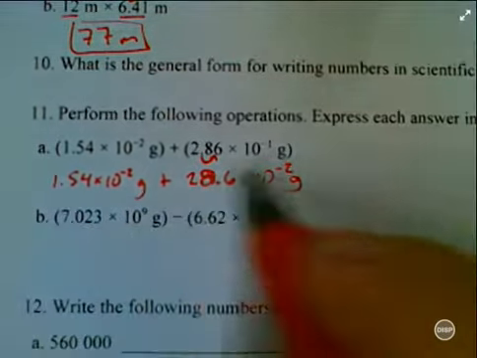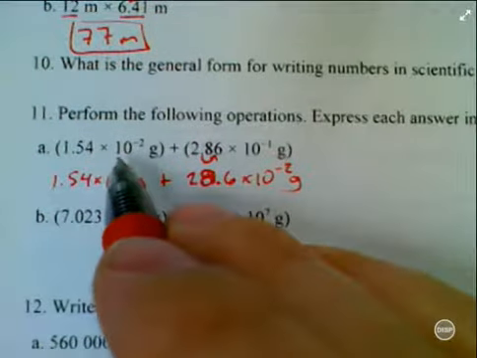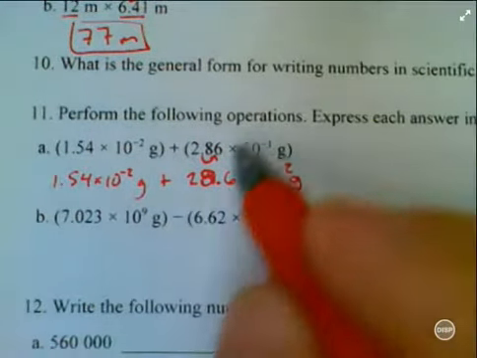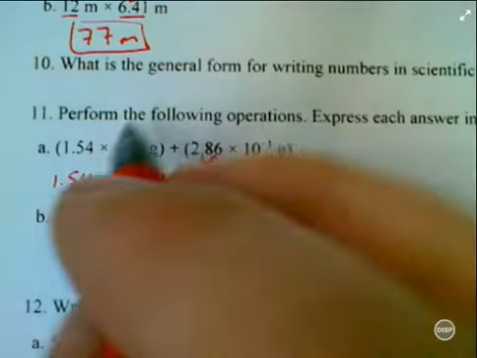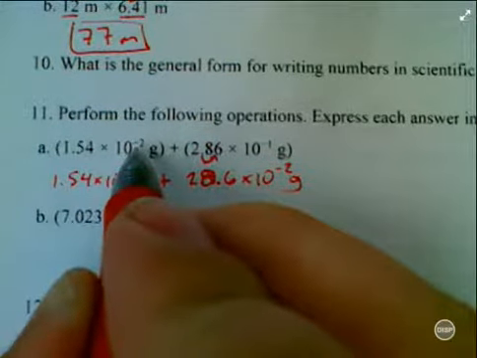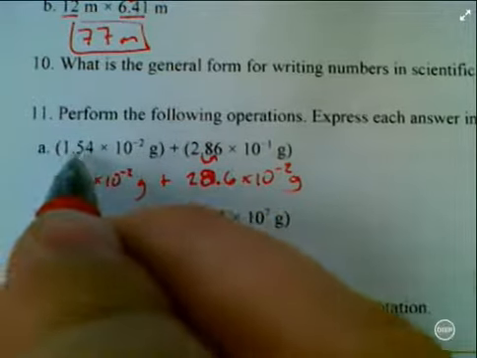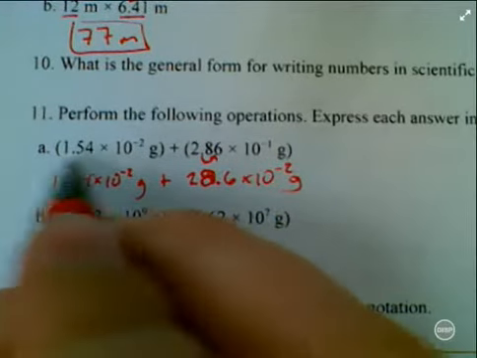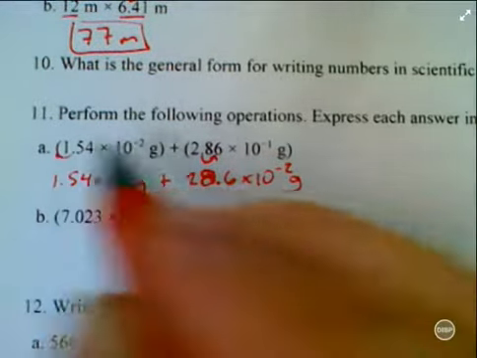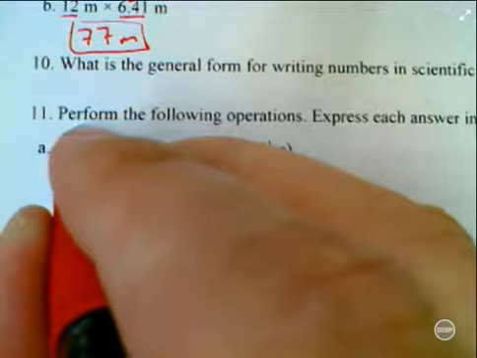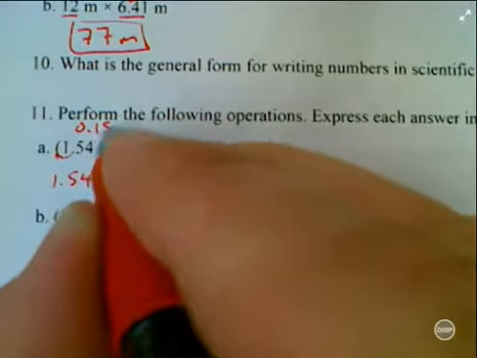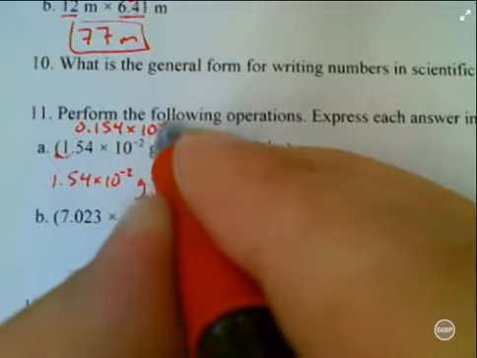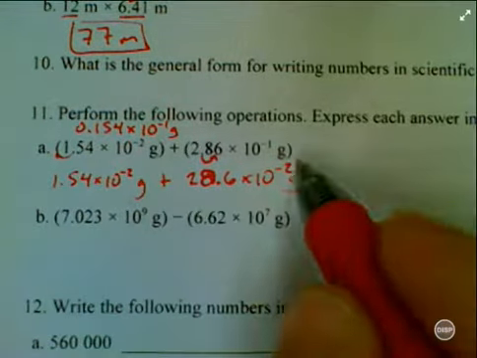Now I could change both of these to minus 1. That would be perfectly acceptable, in which case I would keep this value the exact same, and I would make this a larger notation, but to still keep the value the same, I would have to move that decimal over 1. So this would be 0.154 times 10 to the negative 1 gram, and I would simply add those together.